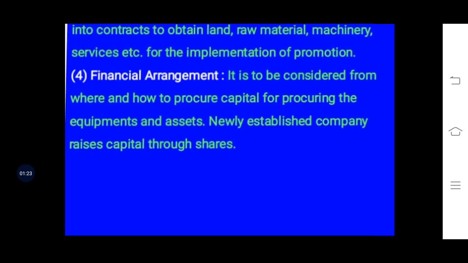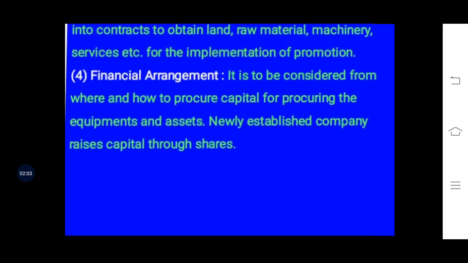So in this way, the promoter works on everything for commencing the company. It begins from the thought of the company, and then the investigation for commencing the company, and then analysis is made whether they will be able to get all the resources needed to commence the company, and how they will provide it, and whether the resources will be mobilized or not.